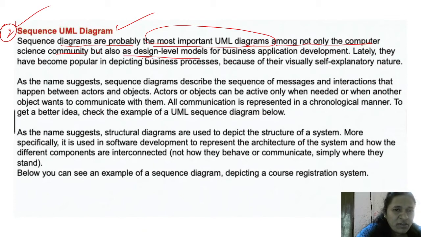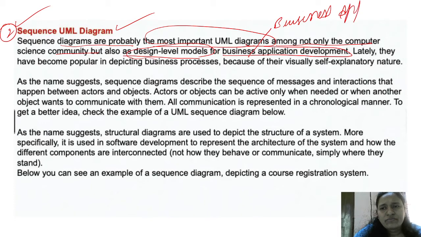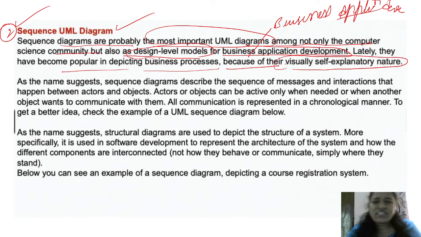These will be used for design level models for business application development also. Lately, they have become popular in depicting business processes because of their visually self-explanatory nature. By watching the sequence diagram only, we will get the idea of the complete system.